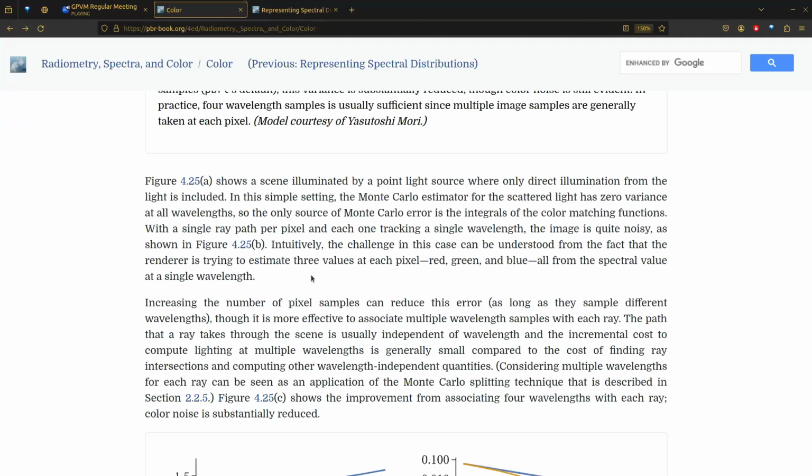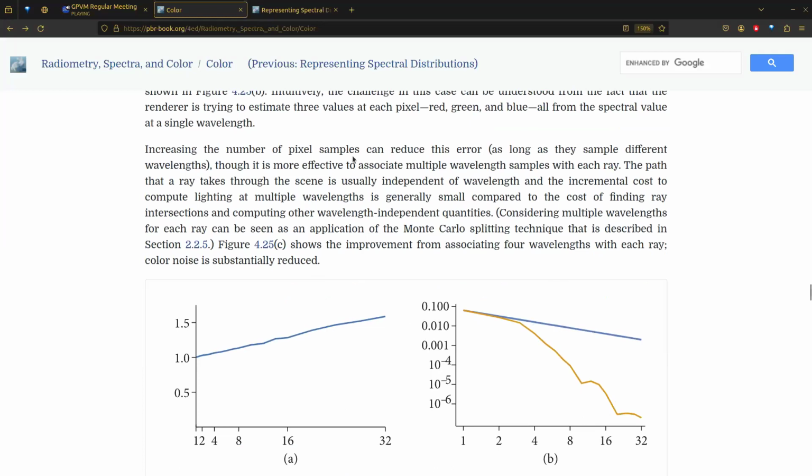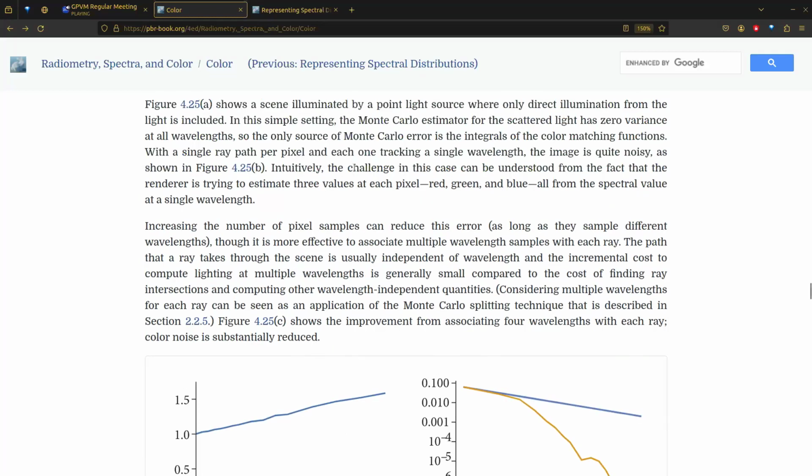So when you want to do wavelength dependent refraction, there are the Cauchy equations and the Sellmeier equations, which are basically empirically matched, with a set of coefficients that you can use to derive the index of refraction given the wavelength.